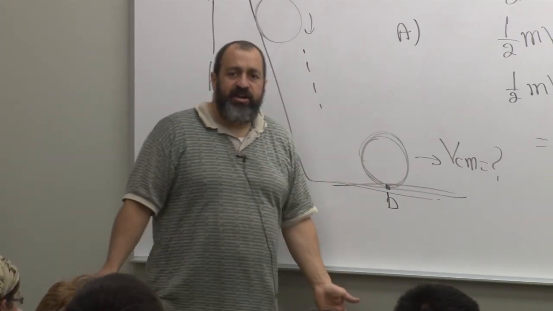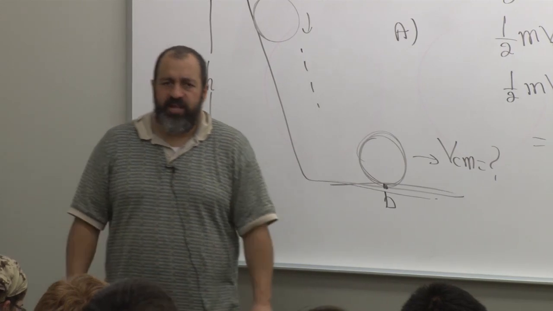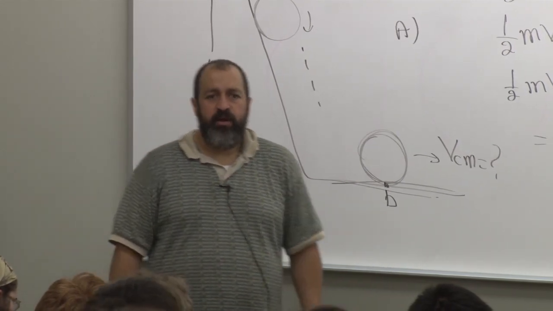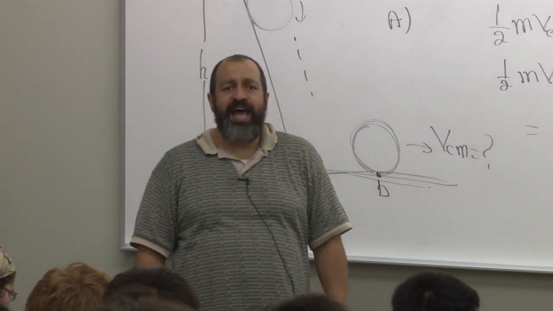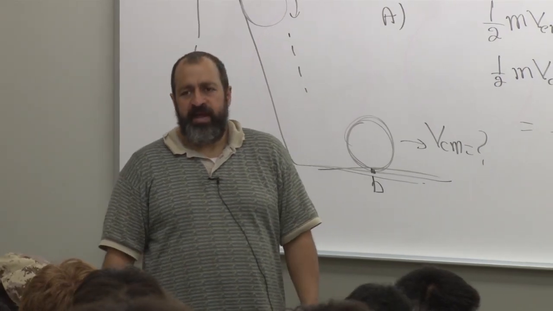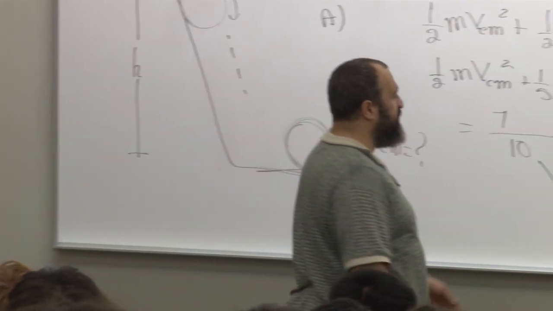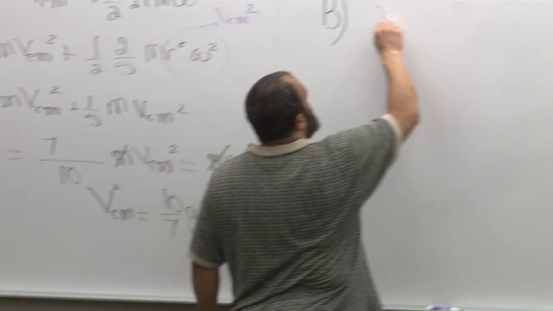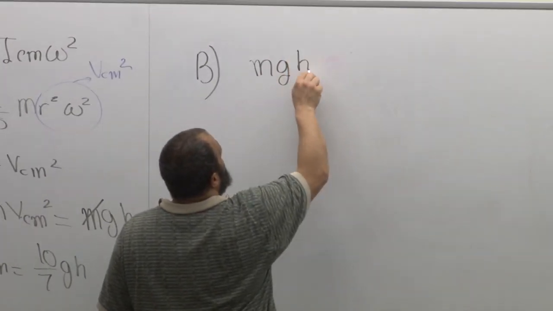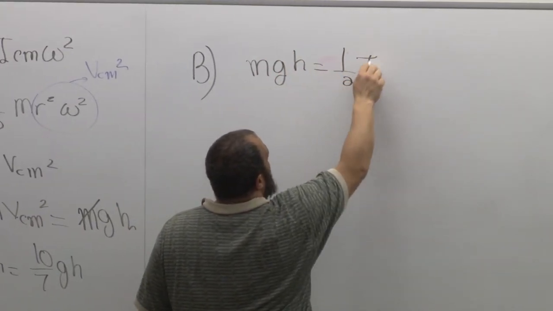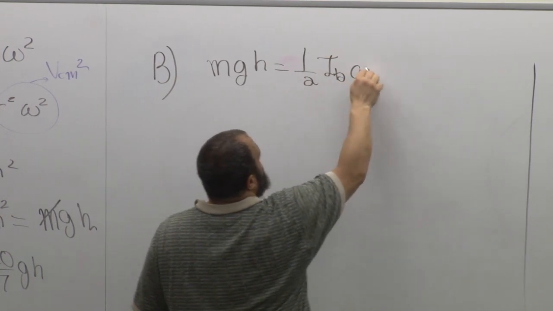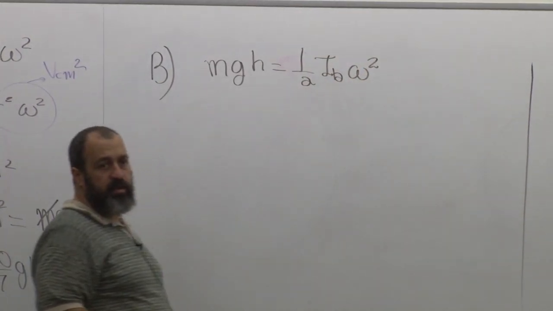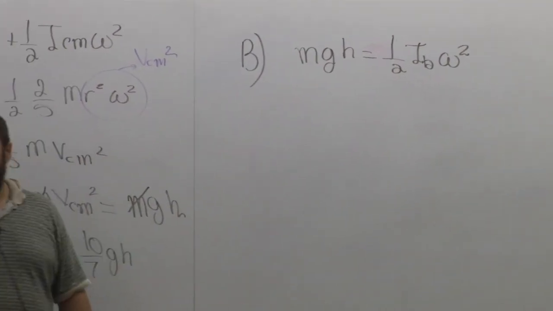This point has no linear speed. No need for translational kinetic energy. The motion is considered to be entirely rotation about B. Is that going to work? Let's see. mgh then is equal to 1/2 I about B omega squared. Right?